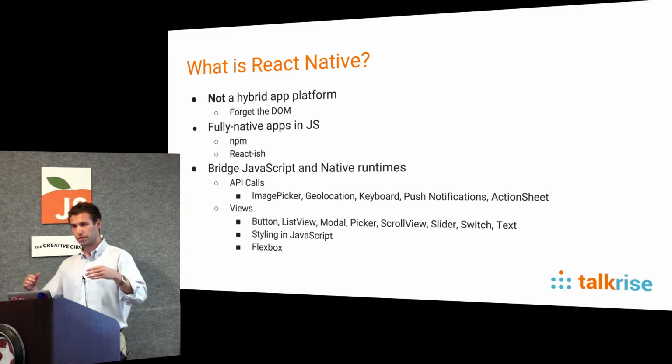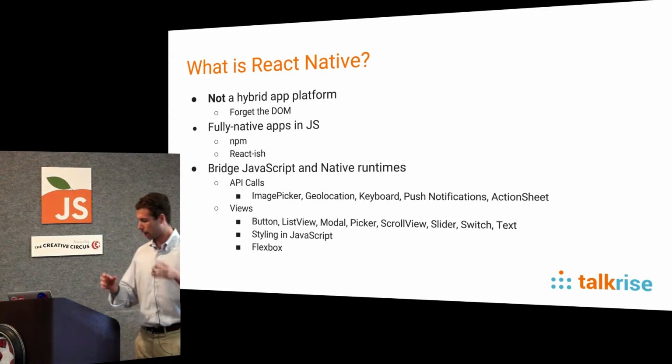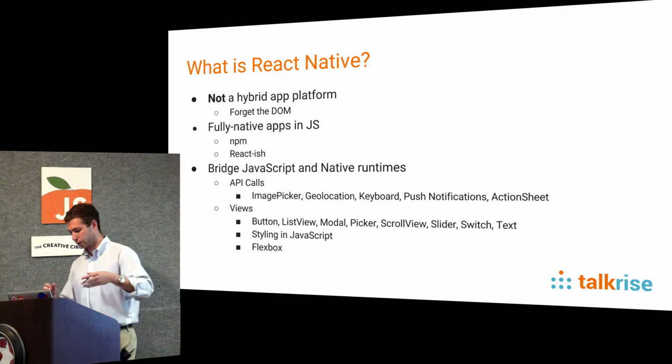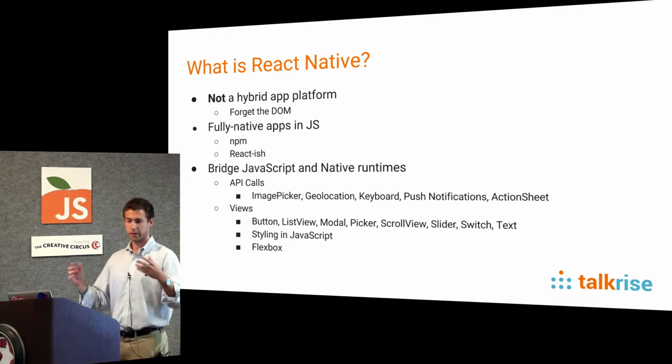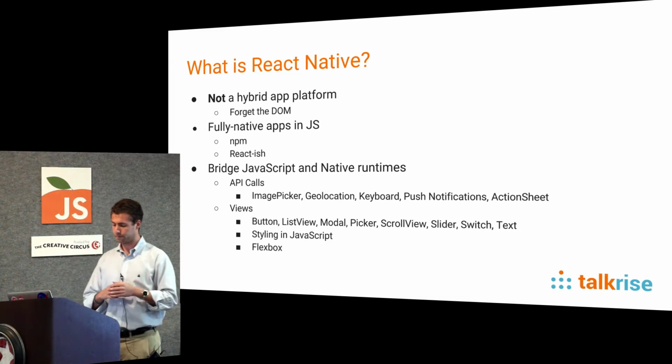And that also plays into the actual view layer, where you're not interacting with a specific API, but you want to create like a button or a list view, slider, switch, text. You write using specific React Native components, and they get kind of translated in the build process, as we'll see in a sec.